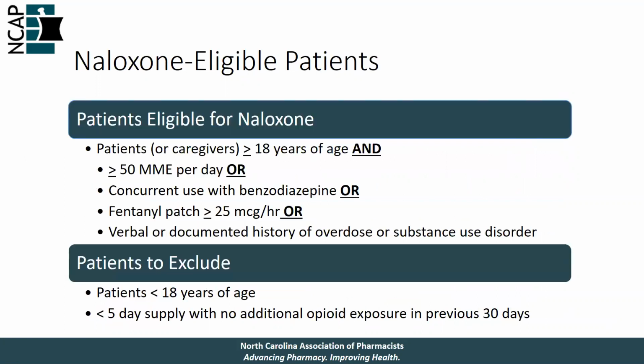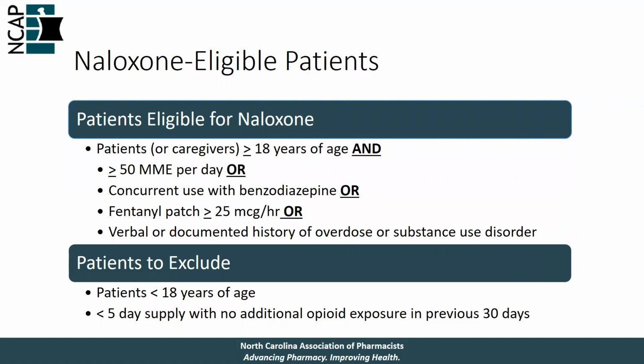So who are naloxone-eligible patients? Well, this is going to look very similar to those risk factors that we bolded at the very beginning of the presentation. It's our patients, or the caregivers of our patients, that are ages 18 or older, and they have one of the following risk factors.